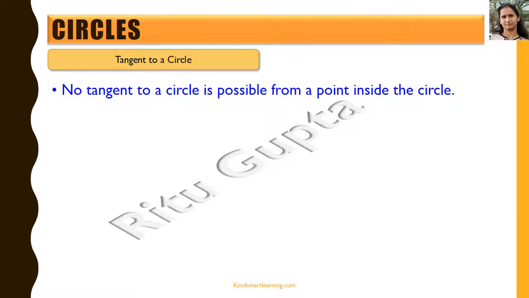Now another point which is very important about the tangent is no tangent to a circle is possible from a point inside the circle.